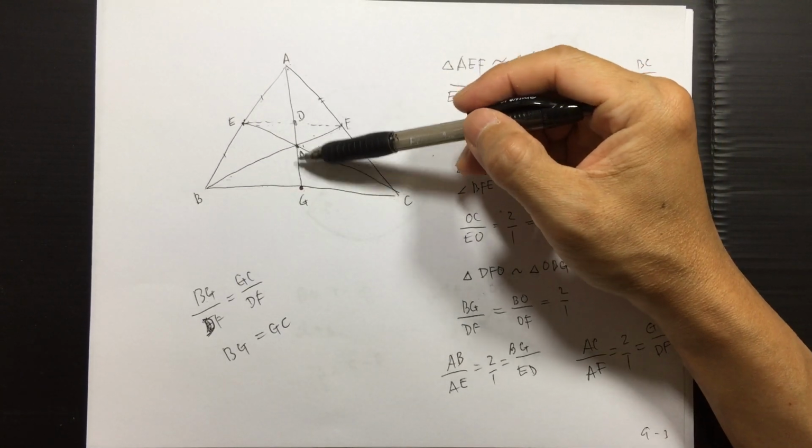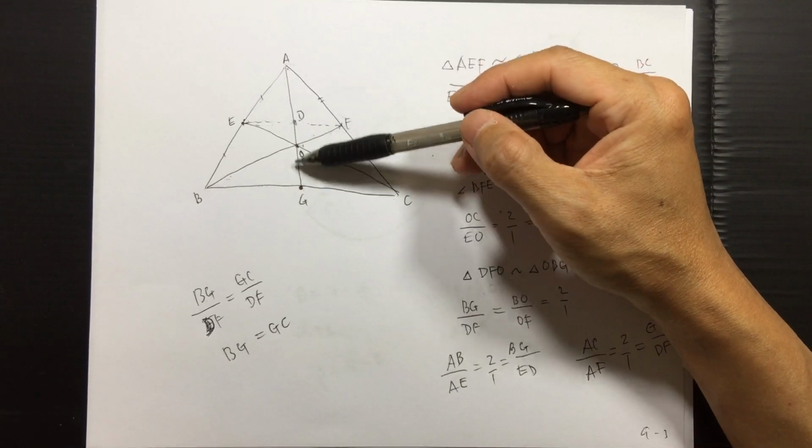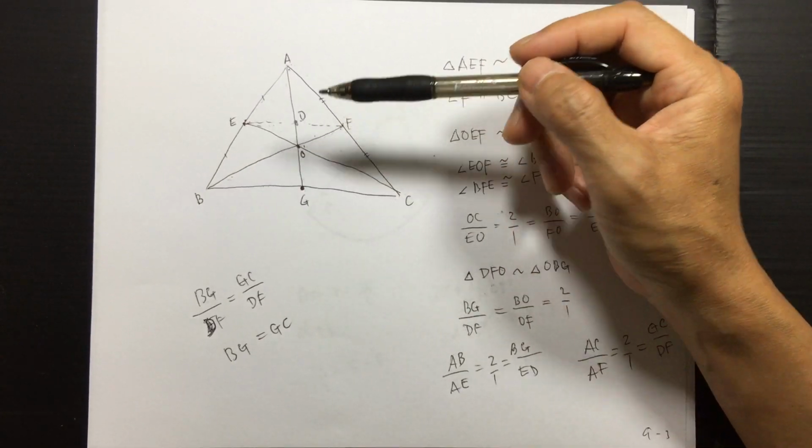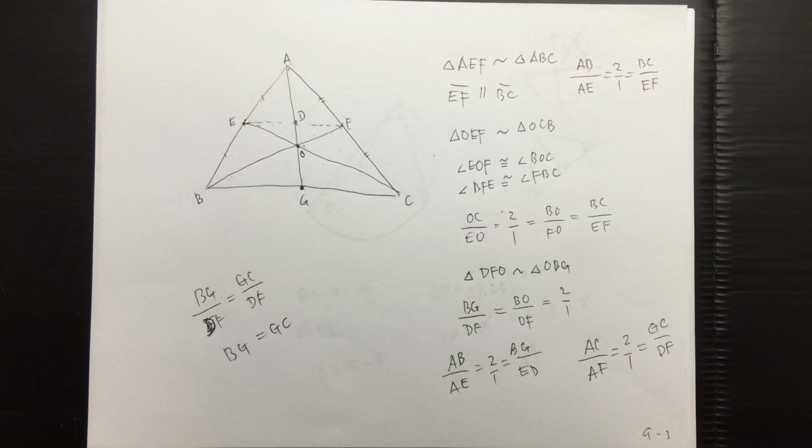This is 2, this is 1. This is 2 to 1, this is 2 to 1. You know, that kind of relations. You want to go through this stuff enough so you almost remember it. But of course, when you're doing it, you're trying to get the way of proving this stuff.